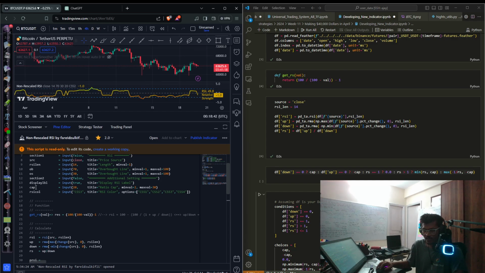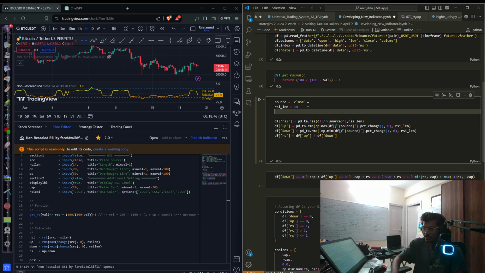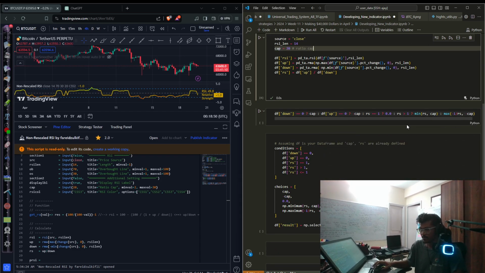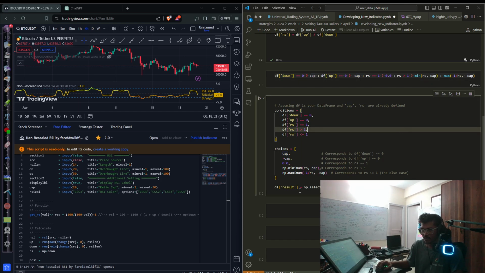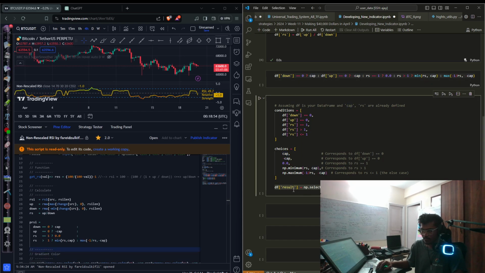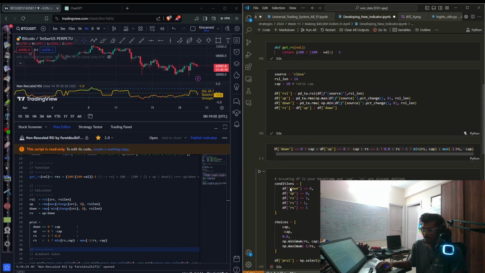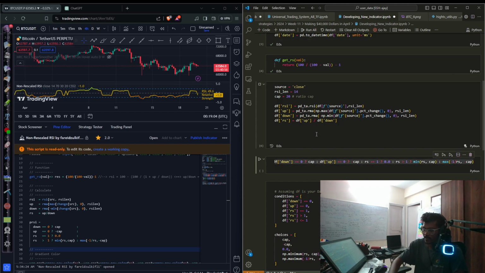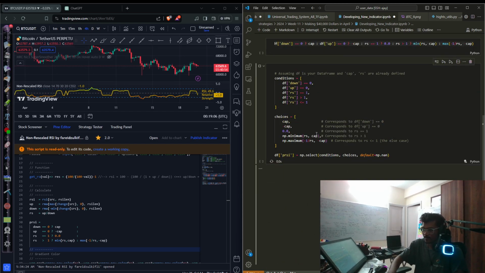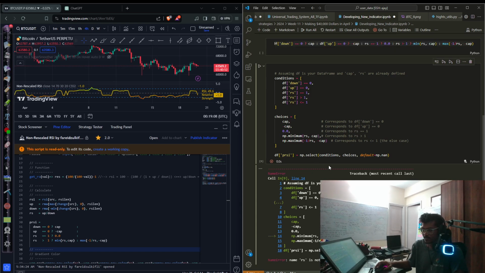See, cap is a variable, ratio cap. So cap is 20, which is the ratio cap. Okay, so we will get this result. We will call it PRSI. RS is not defined. Sorry.